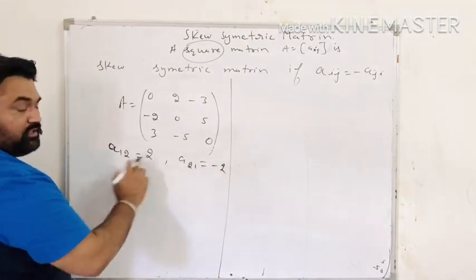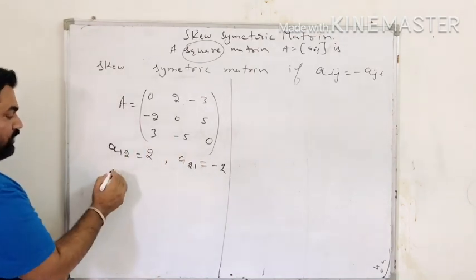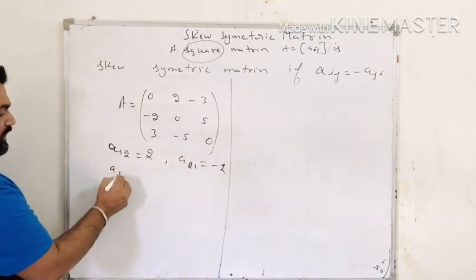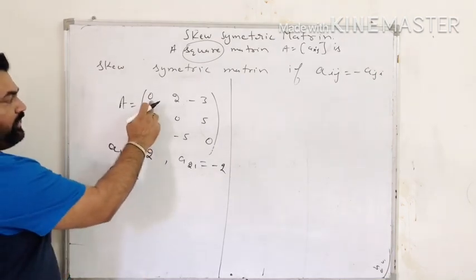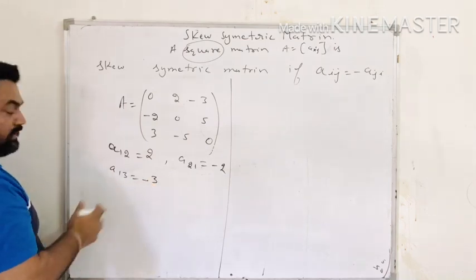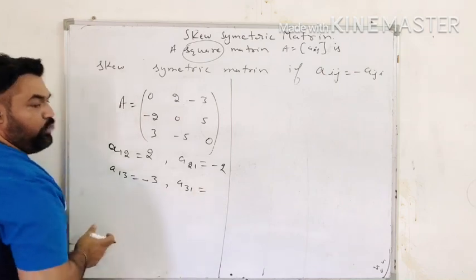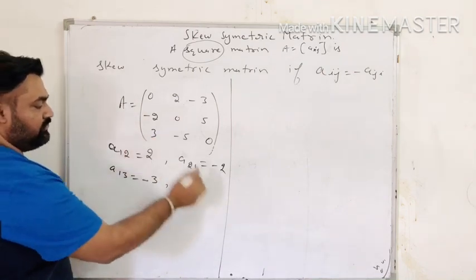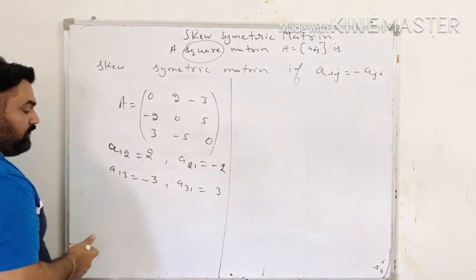The difference is the minus sign. Again, the value of A13 is minus 3. But if we interchange the rows and columns, this becomes A31, which is 3. Again the difference is the minus sign.